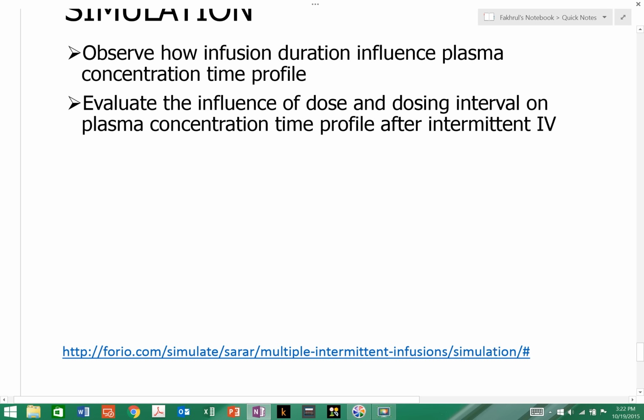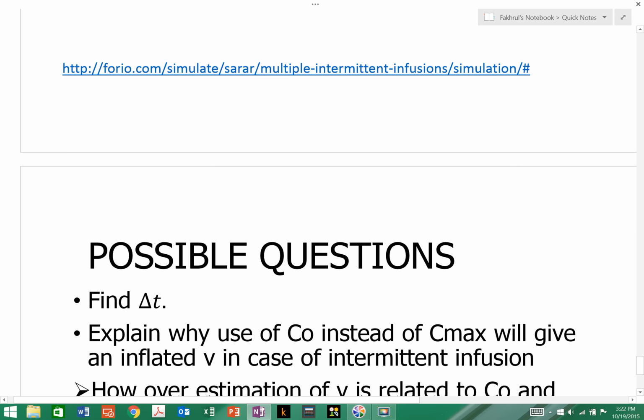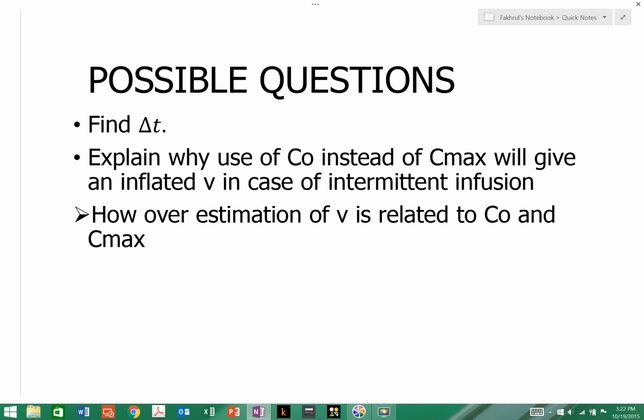Just check how the dosing interval influences the various concentrations. So what would be the possible question? I will ask you to find delta T.